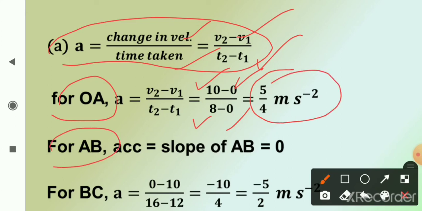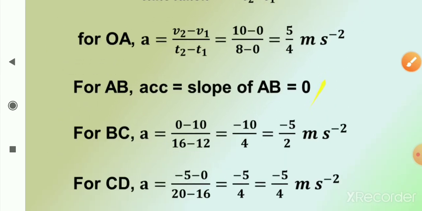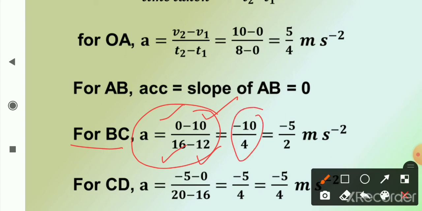For part AB, acceleration is slope of AB, acceleration is 0 meter per second square. For part BC, final velocity is 0, initial velocity is plus 10, time is 16 second minus 12 second. So you get minus 10 upon 4, or this is minus 5 upon 2 meter per second square.